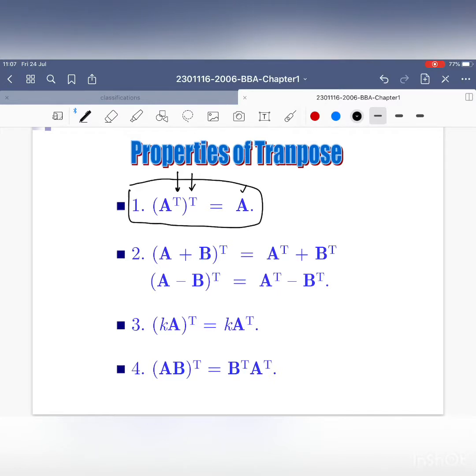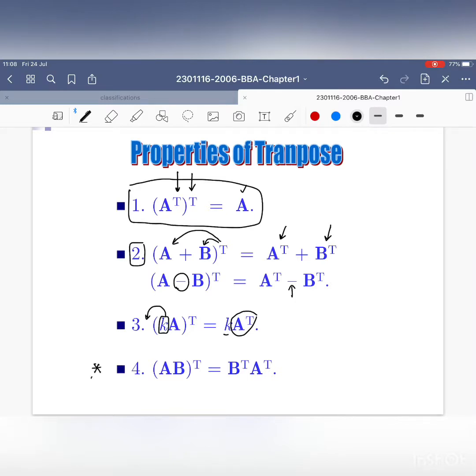However, this is a very special case for a transpose, is that if you do A plus B transpose, it will be the same as you do the A transpose first and then followed by the B transpose, the minus as well. You can do a distribution of the transpose. If you got your scalar K, because the scalar is not any matrix, they has no row or column, so you can just pull out the scalar and then find the transpose only for your matrix A.